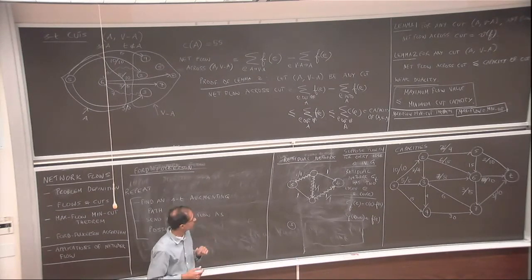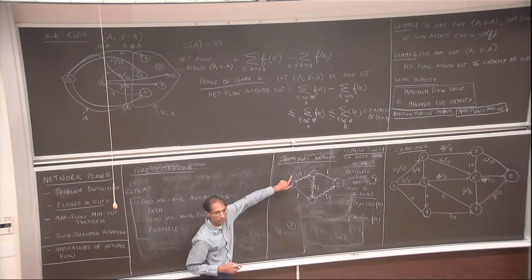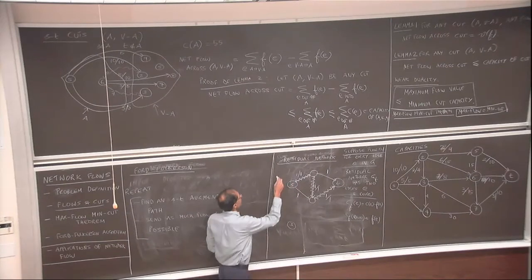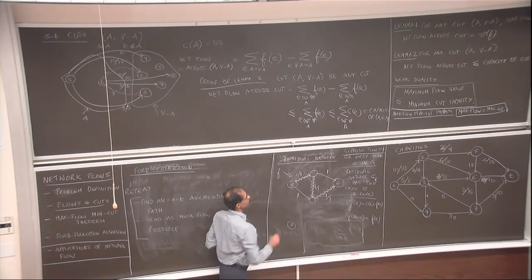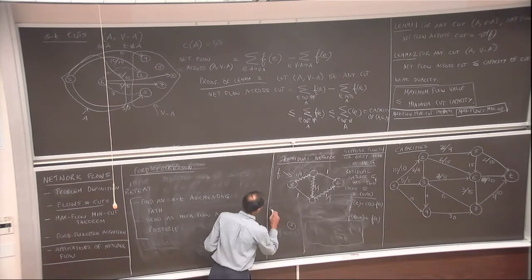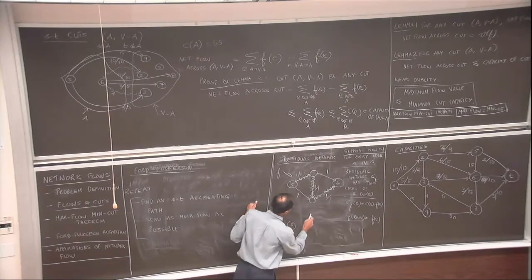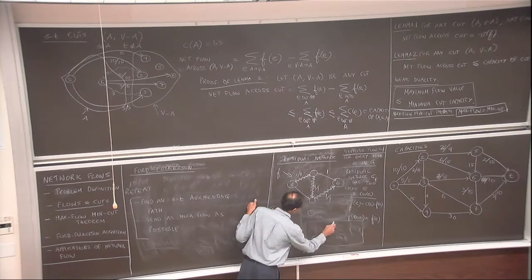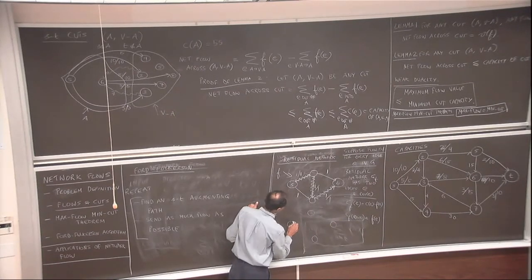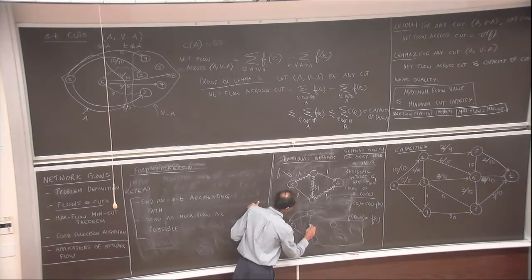So let's see that in this example. We have sent a flow of 1 unit. My current flow F is given here. This will be my residual network GF corresponding to this. I will have exactly the same edges, but for every edge that is carrying a flow, I will also have a reverse edge.